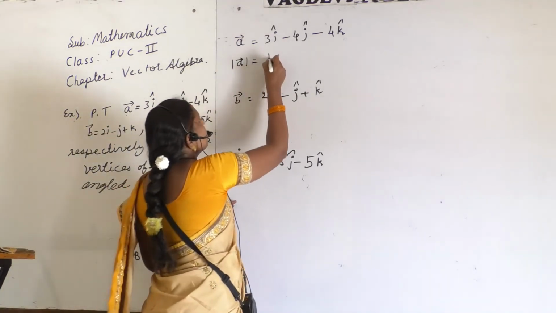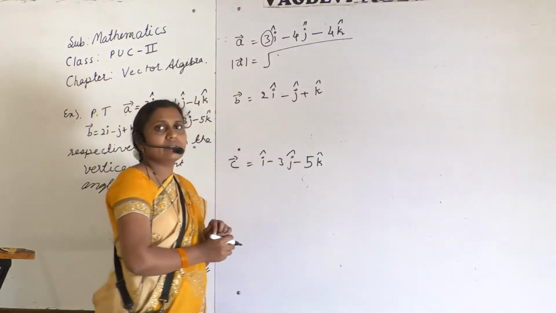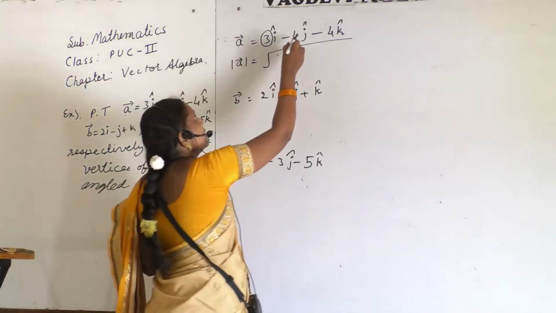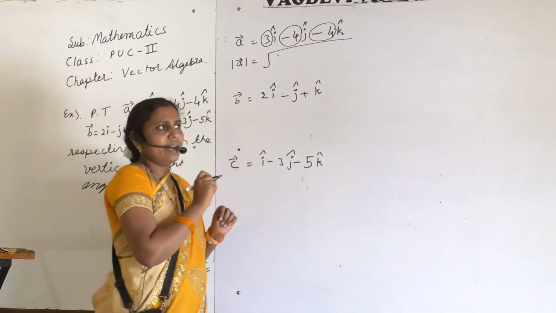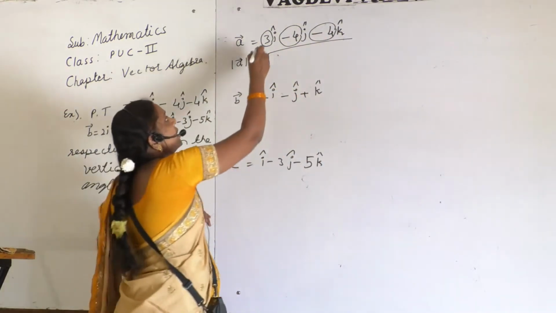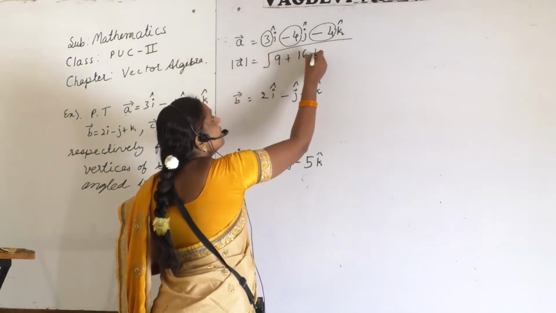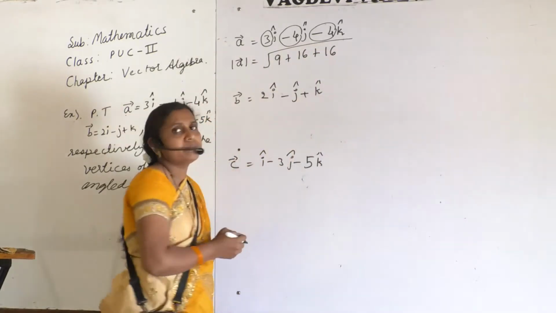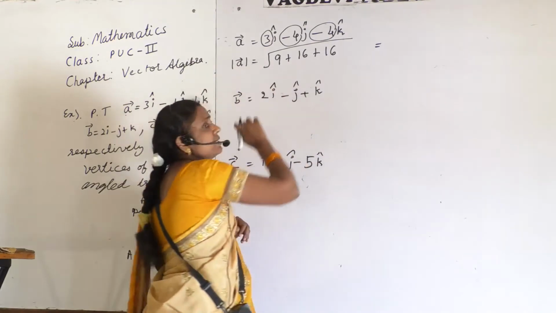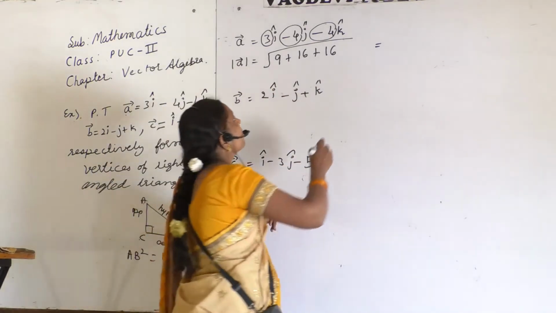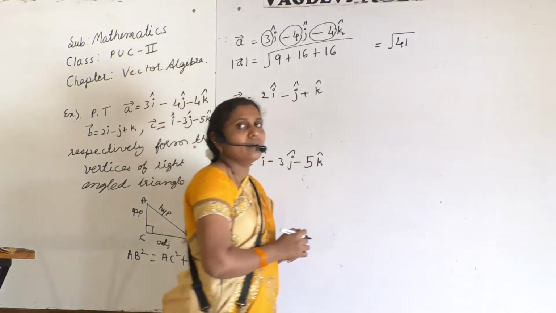So how are you going to find it? Tell me. You consider the coefficients of i, j, k, the x, y, z components, with their signs, square them and add. 3 squared is 9, minus 4 squared is 16, and this is 16 again. So it is 9 plus 32, which is 41.